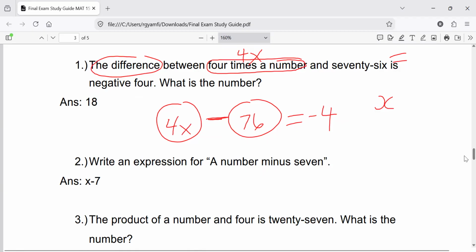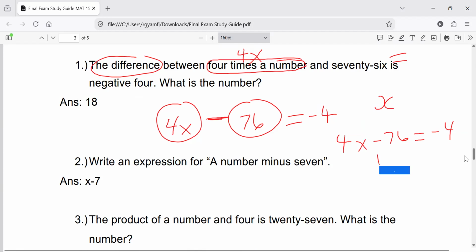So I set up my equation. I've got 4 times the number minus 76 equals -4. So I've got to solve it: 4x minus 76 equals -4.